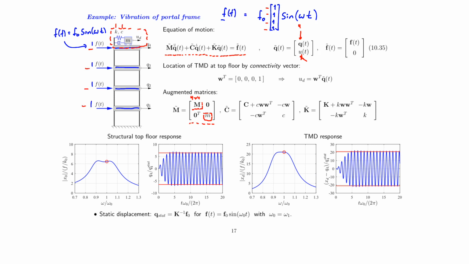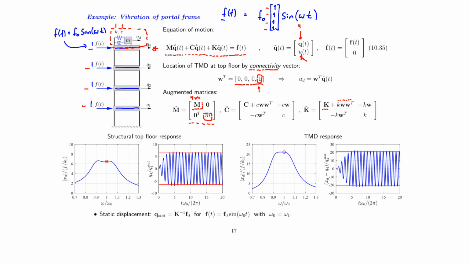For the stiffness, we have the stiffness matrix of our structure, and then we add the stiffness of the TMD by a so-called connectivity vector. This connectivity vector is a 0 vector with a single unit value exactly at the degree of freedom where the TMD is attached. In our case, the TMD is attached at the 4th floor, and that means the 4th entry in w should be equal to unity.